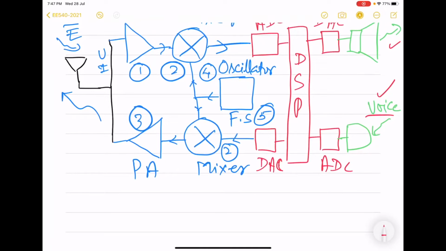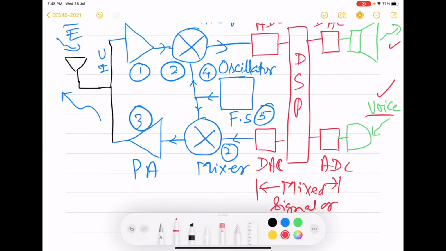So in this architecture, these are the mixed signal or DSP circuitry, and the speaker and microphone are called transducers because on one side they sense or produce mechanical signal, and on the other side they deal with electrical signal.